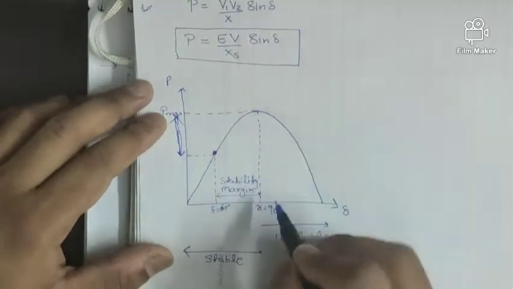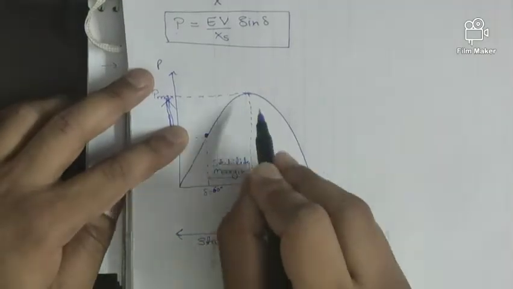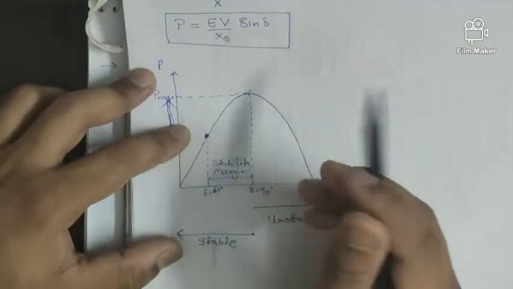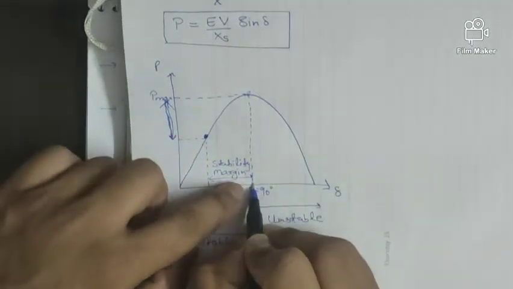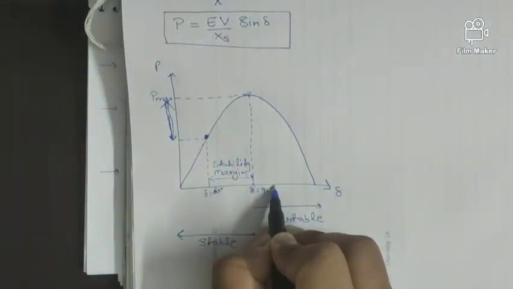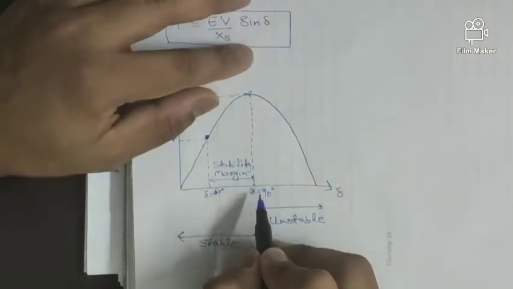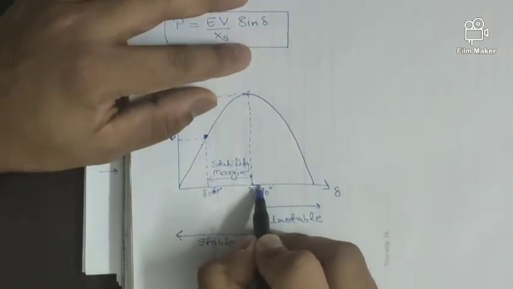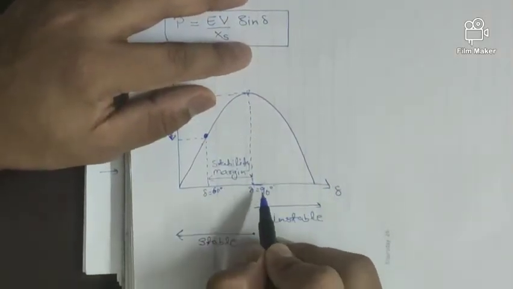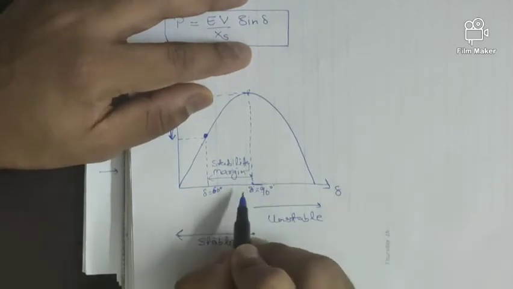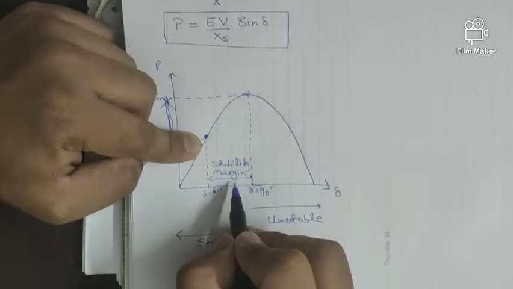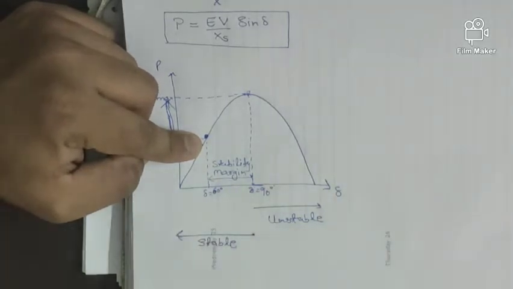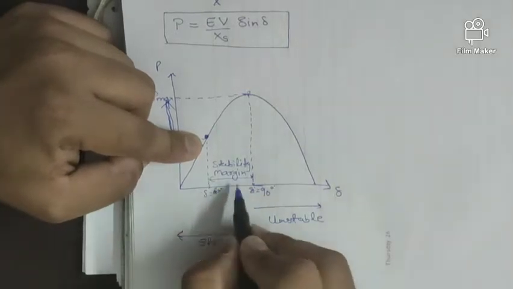If we operate this machine at delta equal to 90 degree, then even a very small disturbance can lead this system to become unstable, because a small disturbance can cause this delta to cross 90 degree, so that the system will become unstable. So we provide this machine with this much stability margin, so that it allows the rotor to swing up to a certain angle without losing its synchronism.